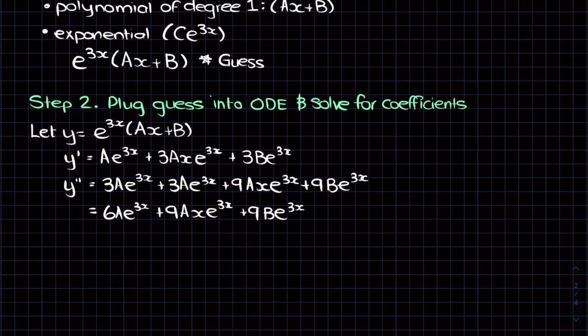Now notice that y prime and y double prime have 2 different types of forms. We have a polynomial x multiplied by the exponential, and some of the terms just have exponentials. So if we can separate these 2 different types here, that'll make our job easier later on. So I'm going to rewrite this as 9ax e to the 3x plus 6a plus 9b times e to the 3x.